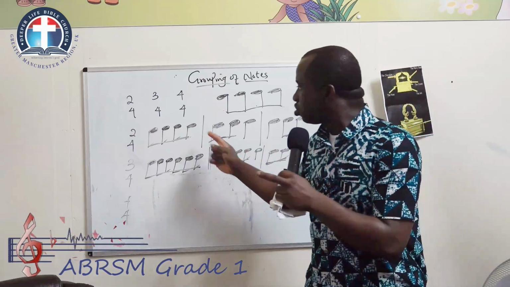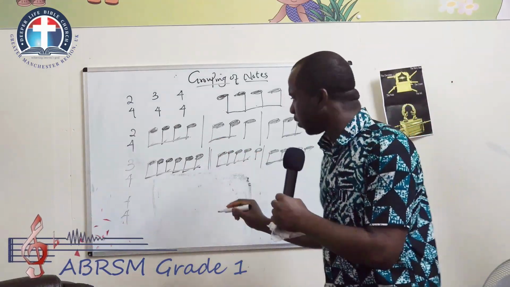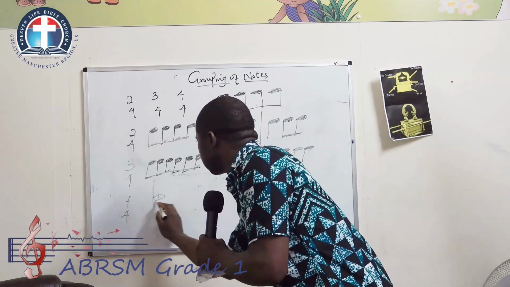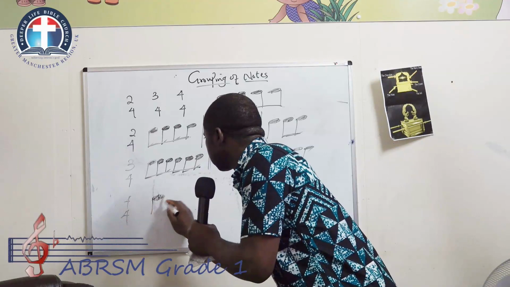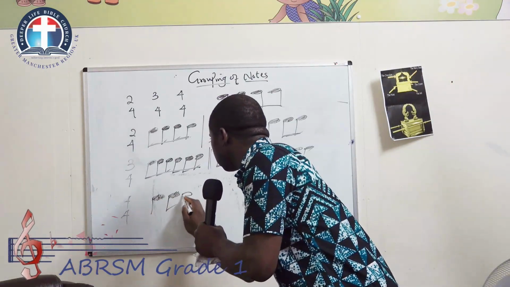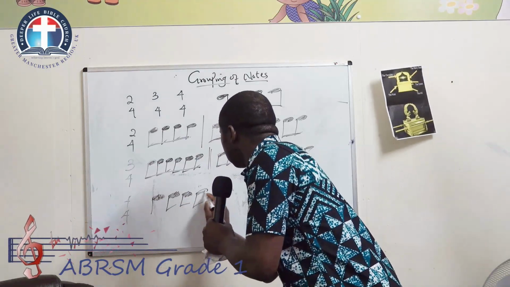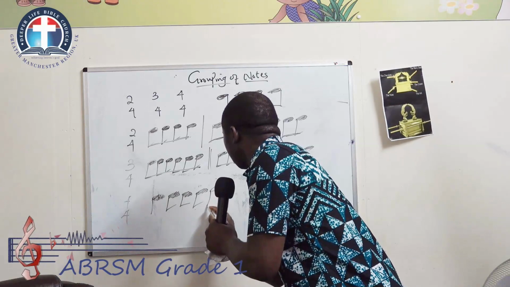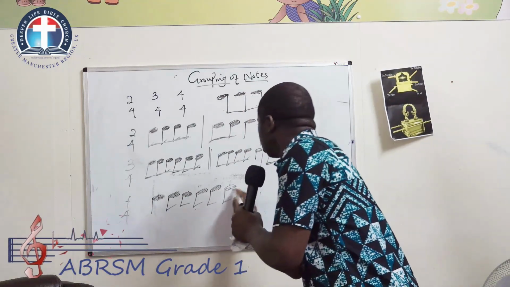The same thing. So even if you have, for example, tell me how you're going to group this. This is the last one we'll do, then we'll move on. So how are you going to group this?